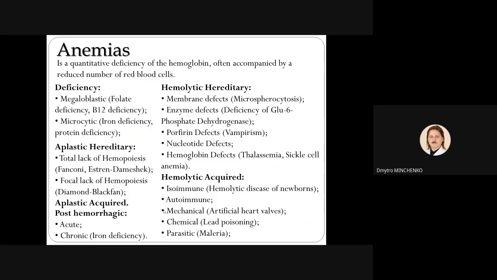We have deficiency anemias: megaloblastic, which is a folate deficiency or B12 deficiency, microcytic iron deficiency, protein deficiency; aplastic hereditary total lack of hemopoiesis, such as anemia of Fanconi, Estren-Dameshek, focal lack of hemopoiesis, such as Diamond-Blackfan; aplastic acquired; post-hemorrhagic, acute and chronic, such as iron deficiency, which would be a chronic acquired post-hemorrhagic.